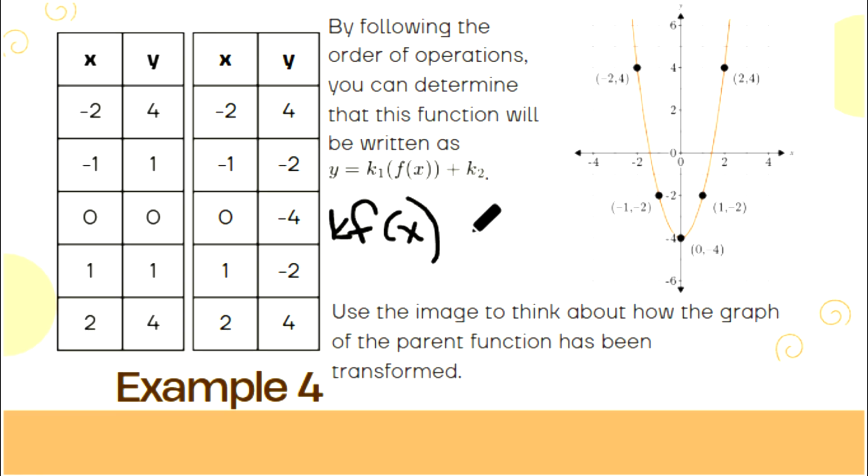Okay? And then when we add k at the end, we have f of x plus or minus k, and you can see that that is a vertical translation, which makes sense because it's going up and down. Okay? So this is how we got this formula. This is the dilation, this is the translation.